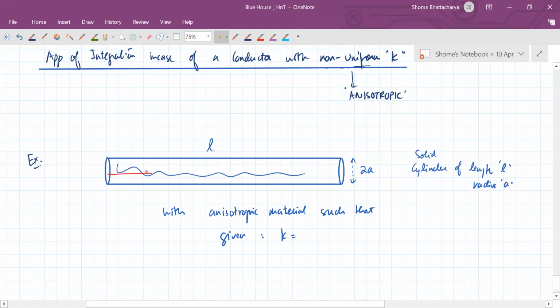So inside the rod or cylinder, if x is the distance of a point from the left end, then the thermal conductivity at that point is given to us as k naught into some factor.